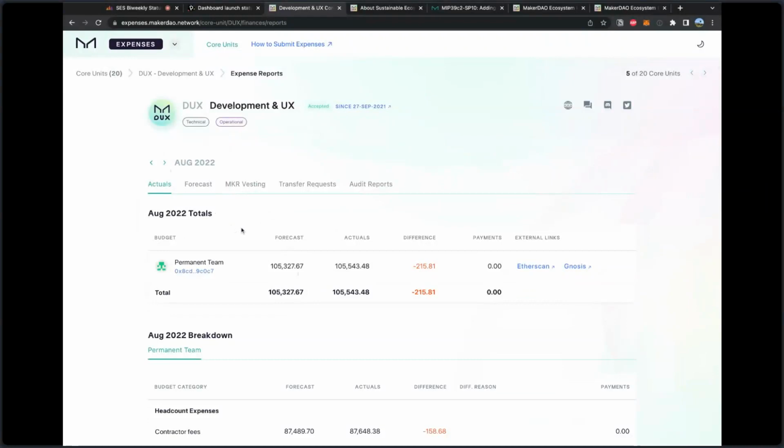But if for some reason they had not pushed for August, it would just default to the latest month with data populated. And here you can go back through previous months and understand what this financial situation has been.